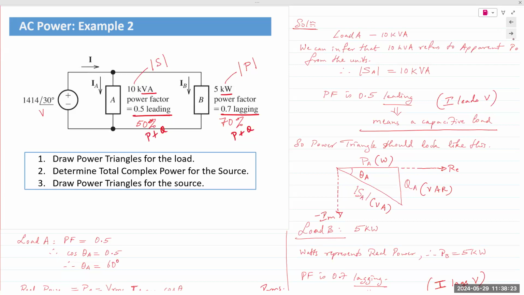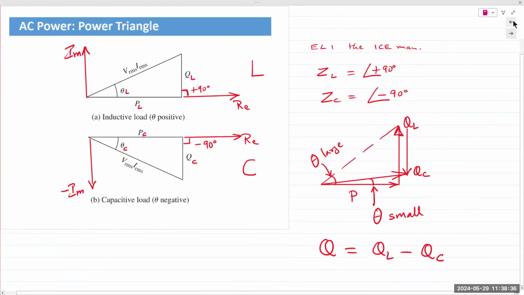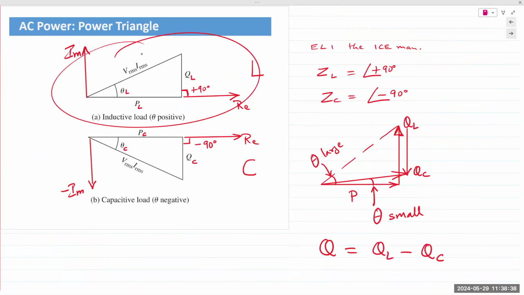Now if they have P and they have Q, they also have magnitude of S. That's the third side of the right angle triangle. Right? The power triangles. Remember, go back to the slide right here. You have P and you have Q. This is the magnitude of S, apparent power.